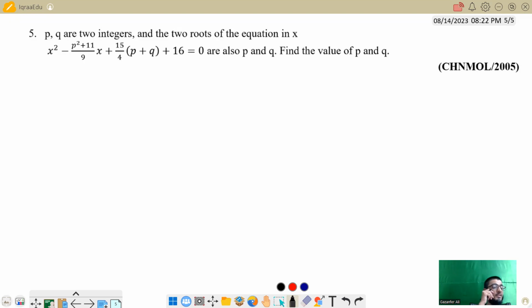This is an easy question. Find the values of P and Q.